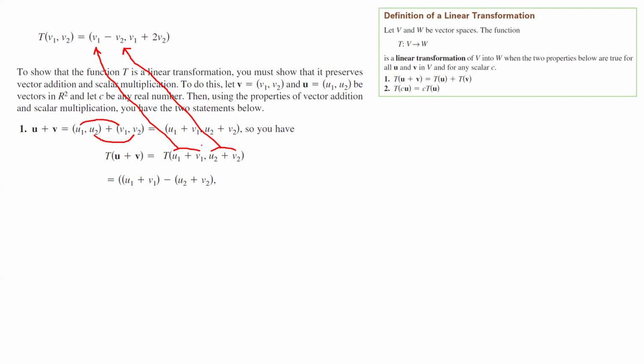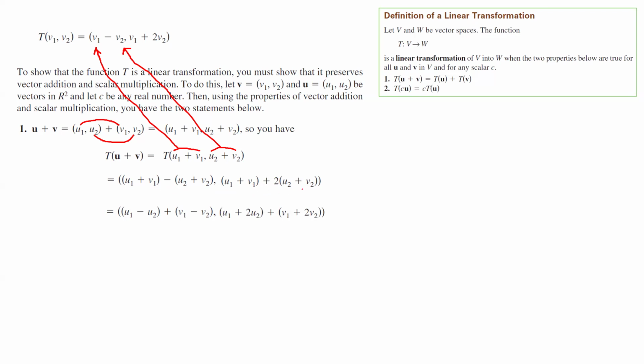Now just substitute U1 plus V1 for V1 here, and U2 plus V2 for V2 here, but you have 2 in front of it. So it becomes U1 plus V1 plus 2 times (U2 plus V2). This is equal to U1 minus U2 plus V1 minus V2, you're just grouping these together, comma, U1 plus 2U2 plus V1 plus 2V2.